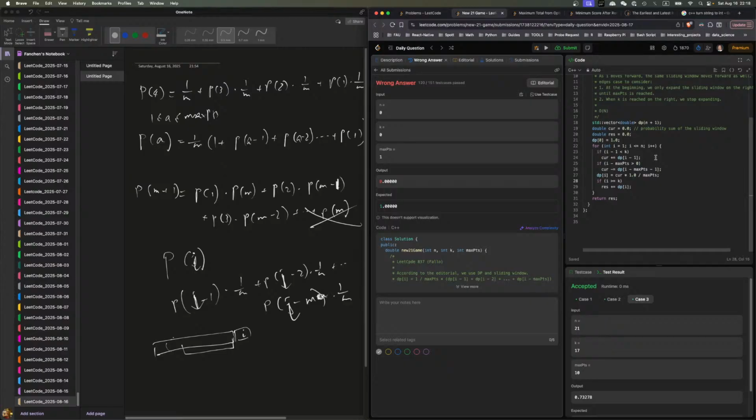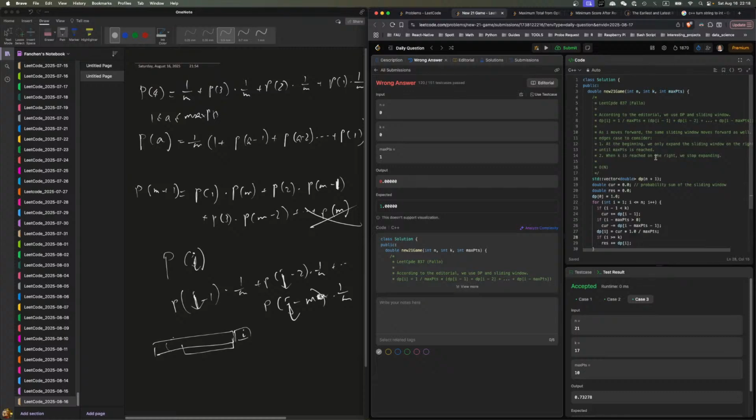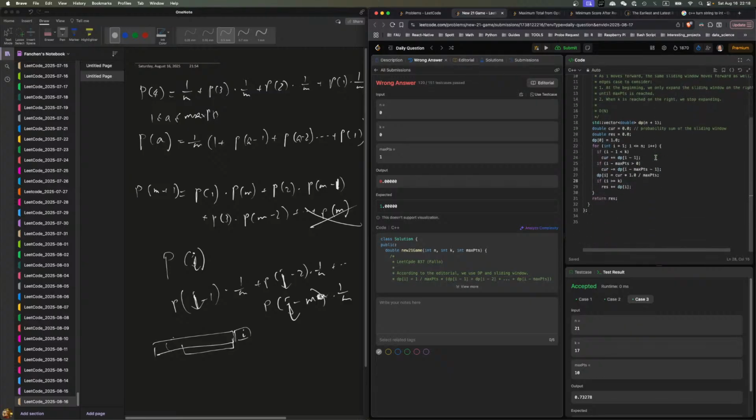N equal to 0, k equal to 0, max point is 1. I think I can do it this way.